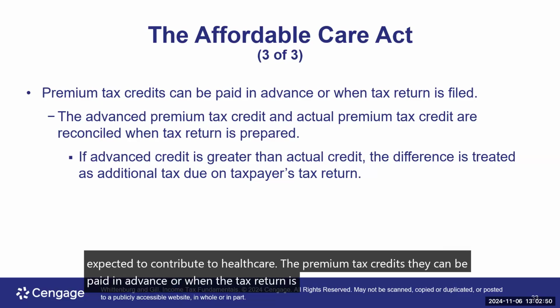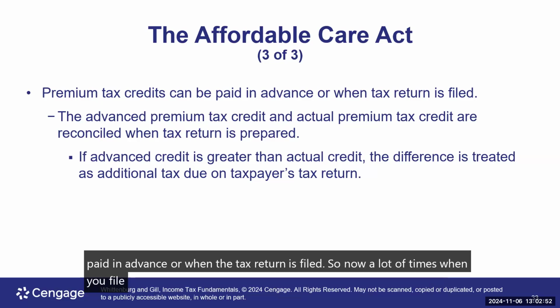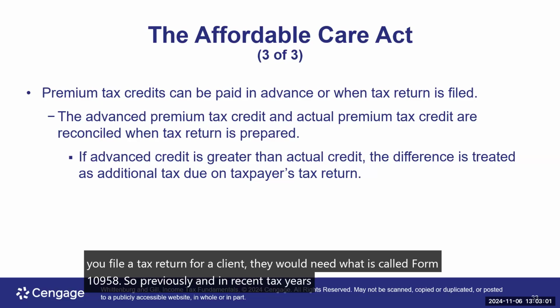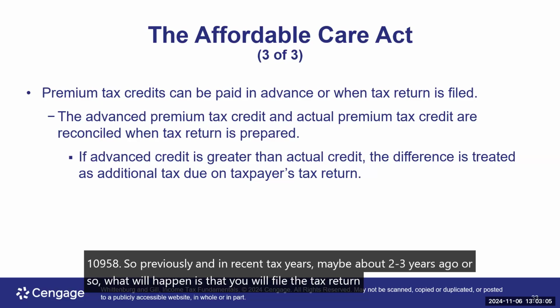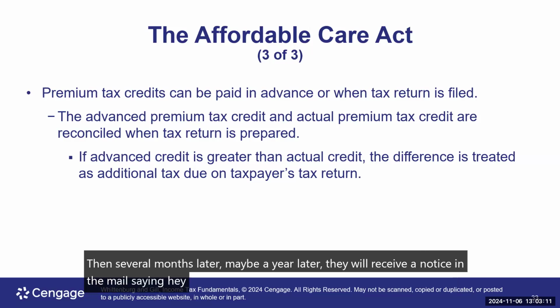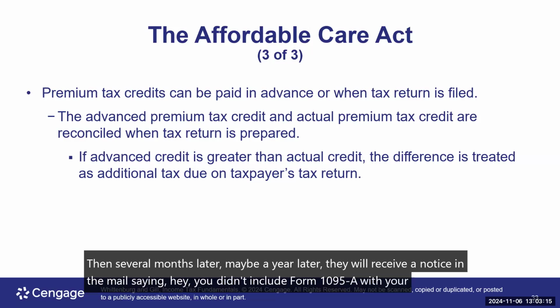A lot of times when you file a tax return for a client, they would need what is called Form 1095A. Previously, in recent tax years, maybe about 2-3 years ago, you would file a tax return for a client, and then several months later, maybe a year later, they would receive a notice in the mail saying you didn't include Form 1095A with your tax return and it needs to be amended.